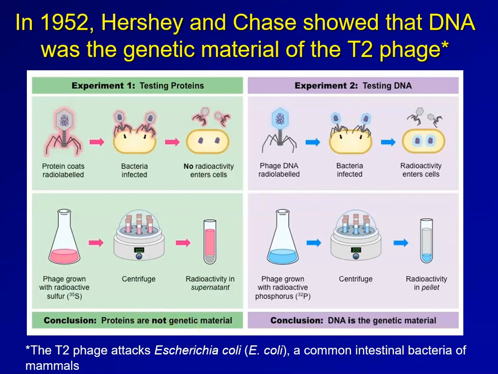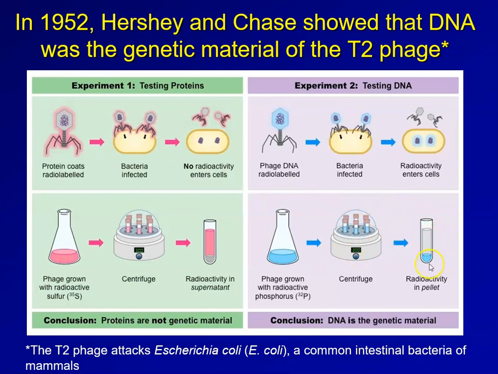Okay, so that just proved that proteins are not the genetic material, but they still have to prove that DNA is. So they did a similar experiment, except this time they used a radioactive label for phosphorus, which is found in the sugar phosphate backbone of DNA, but not in protein. So basically they did the same thing. They grew the phage culture with the radioactive phosphorus, then they added the bacteria, let the phage infect the bacteria, centrifuged the cultures, and looked for the separation of the bacteriophage from the bacteria.